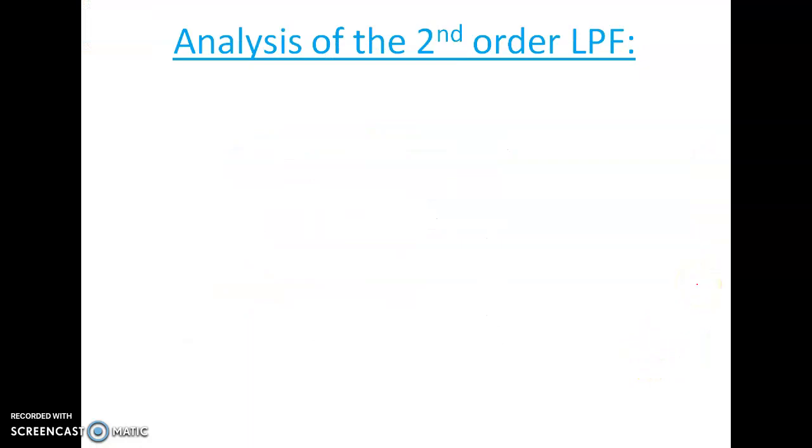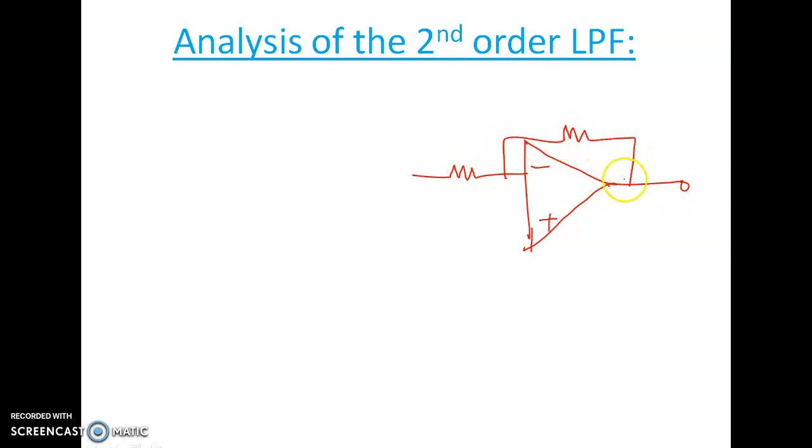Alright, now let us see the analysis part. I am drawing the circuit because we need it for the analysis. Please see carefully here. This is minus and this is plus. Here you will have the resistance, and this is the feedback resistance. This is Rf and this is R1.